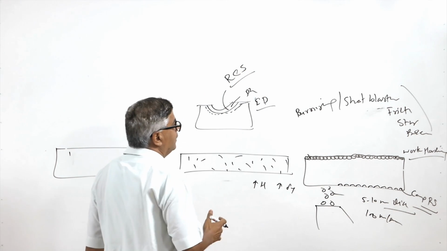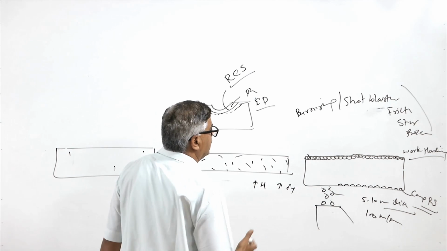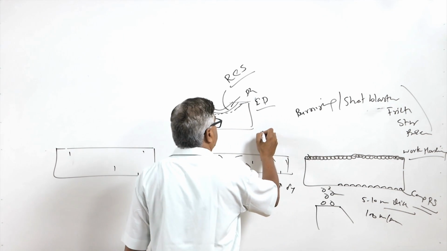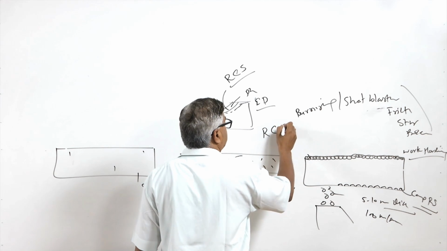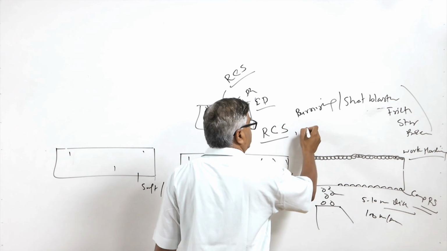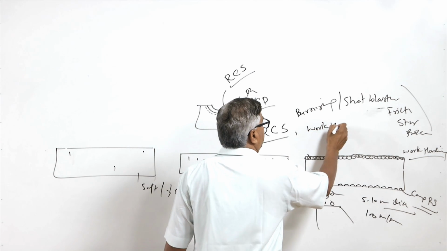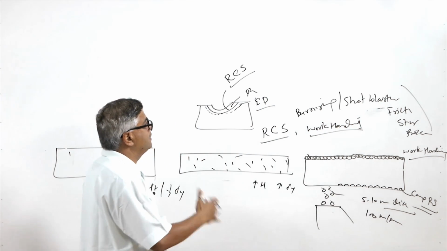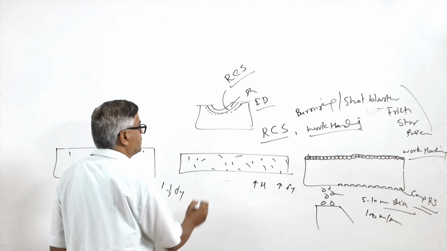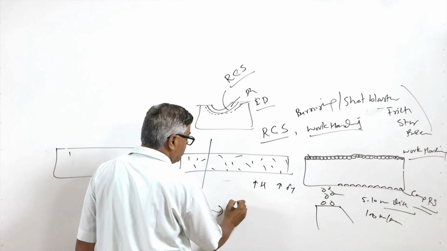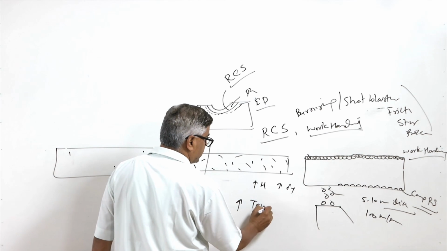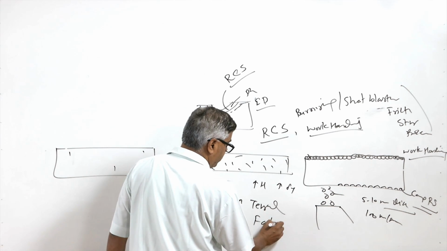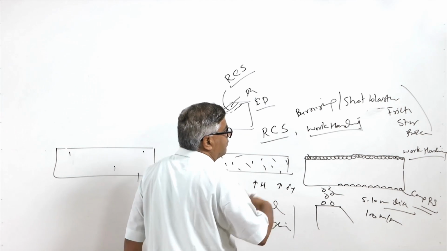That is why shot blasting, burnishing and contour rolling etc. tend to develop residual compressive stresses as well as cause work hardening, and therefore improve hardness and yield strength. These in turn increase the tensile strength of the material, improve the fatigue strength of the material, and are very favorable.